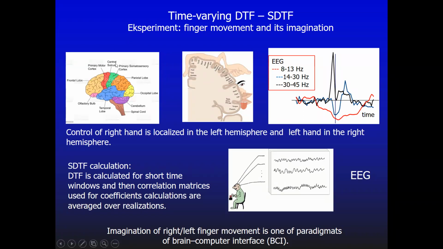Then we have the occipital and parietal lobe, which for example is mainly connected with perception of visual stimuli. Then we have the temporal lobe, which is mainly devoted to processing of auditory stimuli and speech.